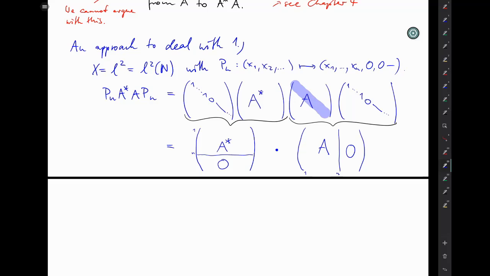So entries go to 0 as you go away from the main diagonal. But for simplicity, let's start with this band matrix case where only finitely many diagonals are non-zero and all the rest is 0. Then your A star has, of course, the same band here, only transposed and complex conjugated.